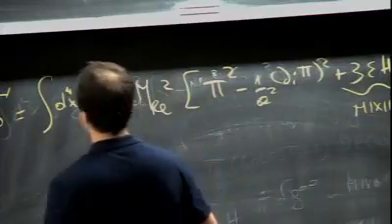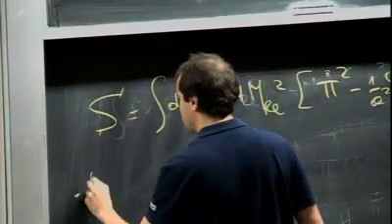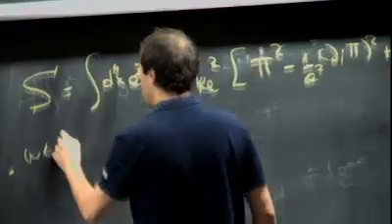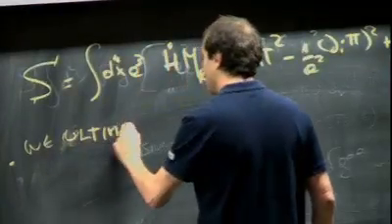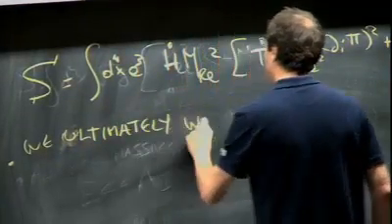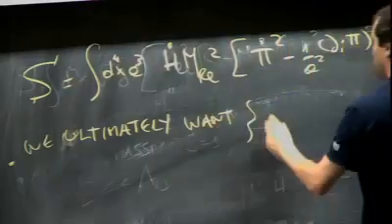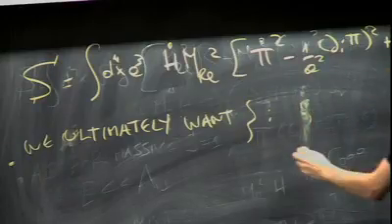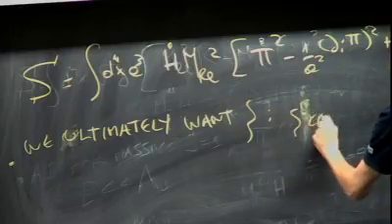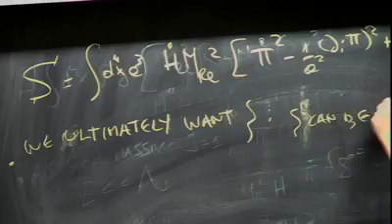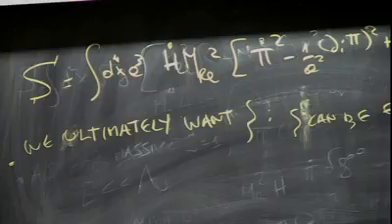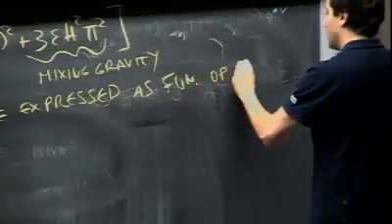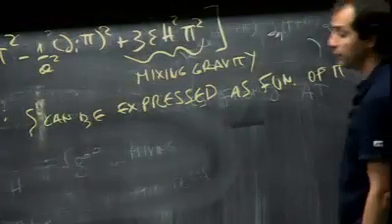Okay, once I have pi, I remind you we want to compute zeta. We ultimately want zeta. Zeta can be expressed as a function of pi in the following way.